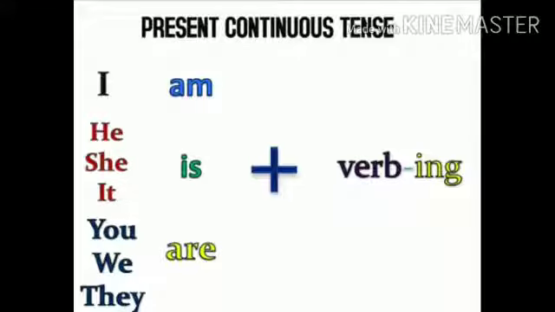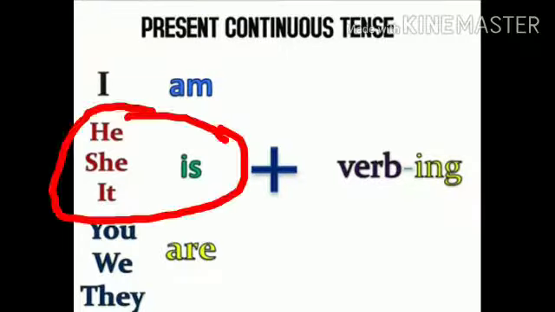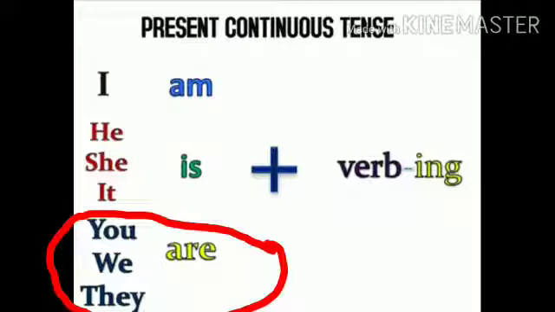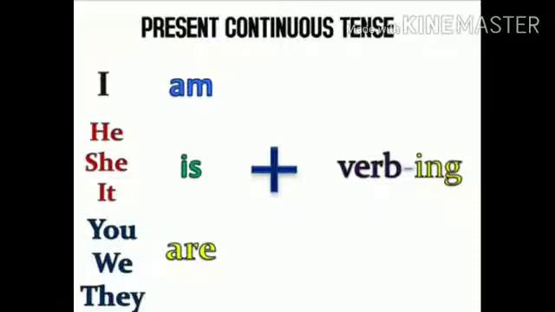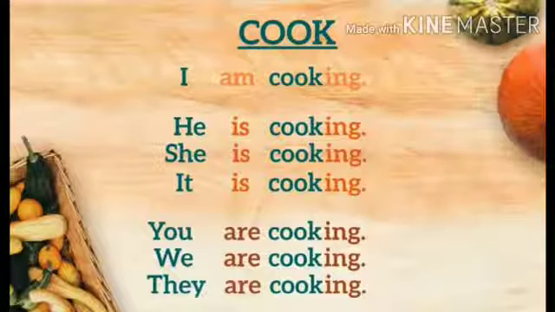Here you can see with I we use am, and with the singular subjects, that is he, she, it, we use is. And with the plural subjects, you, we, they, we use are, plus we add ing to the verb.